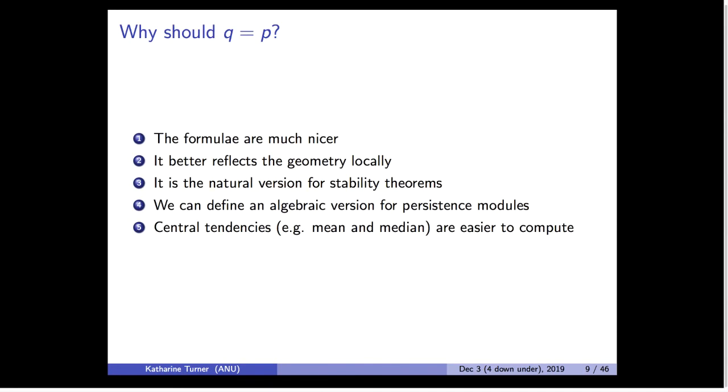If your coordinates don't have meaning, then much of this is not relevant. Much of this depends very much on the fact that your coordinates do have special meaning and that we should respect that. Yeah, so certainly the formulae are still nicer and the central tendencies are much nicer, but the others are less relevant.